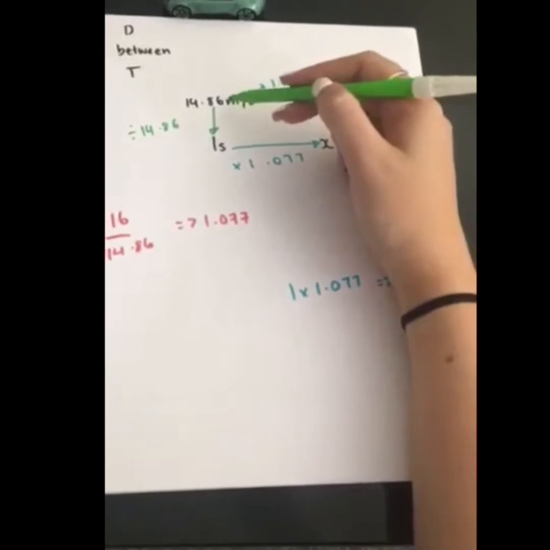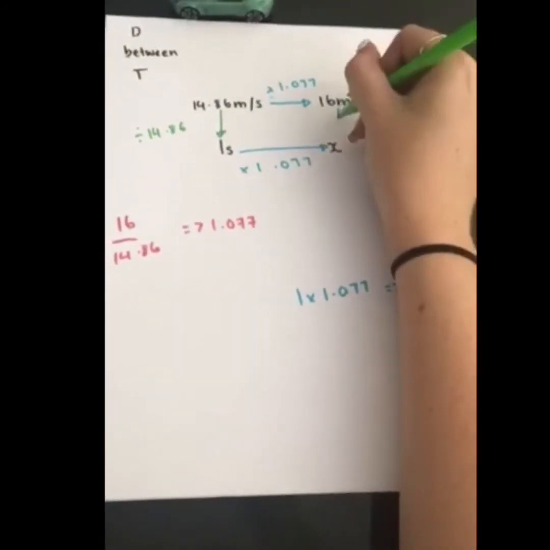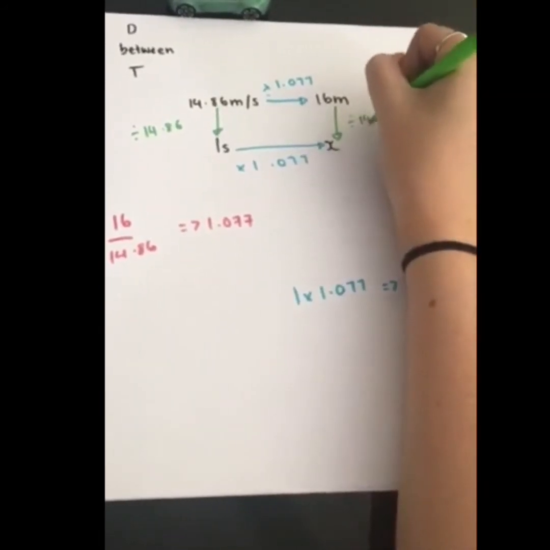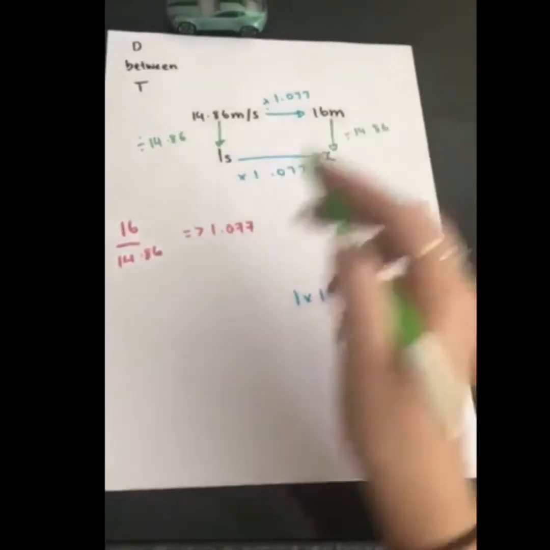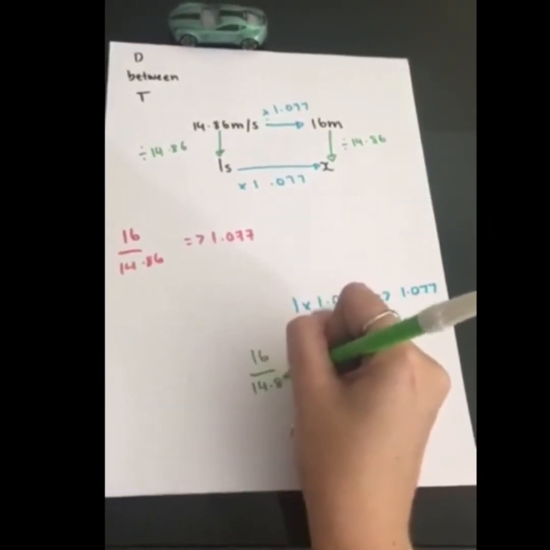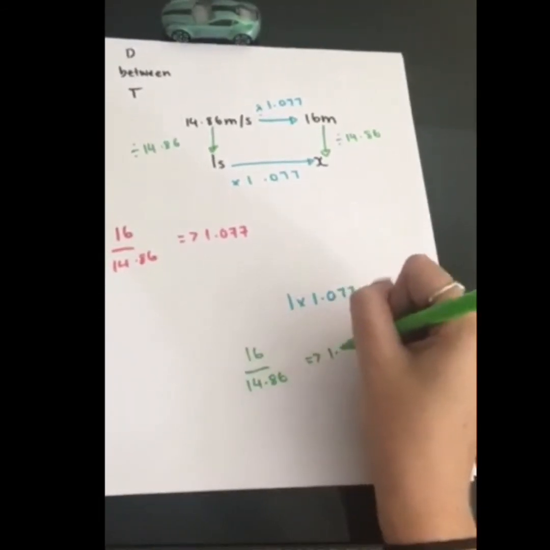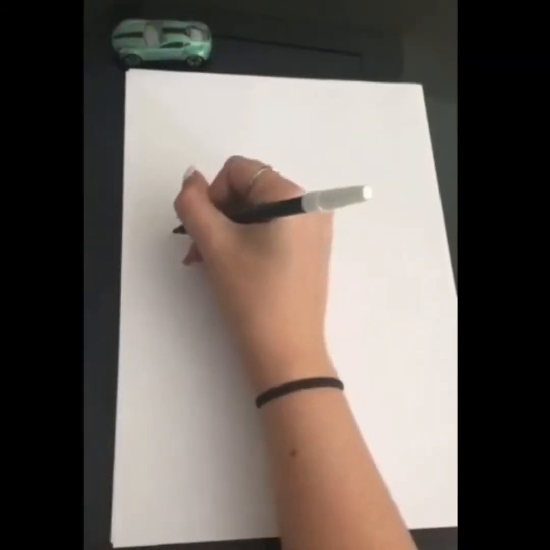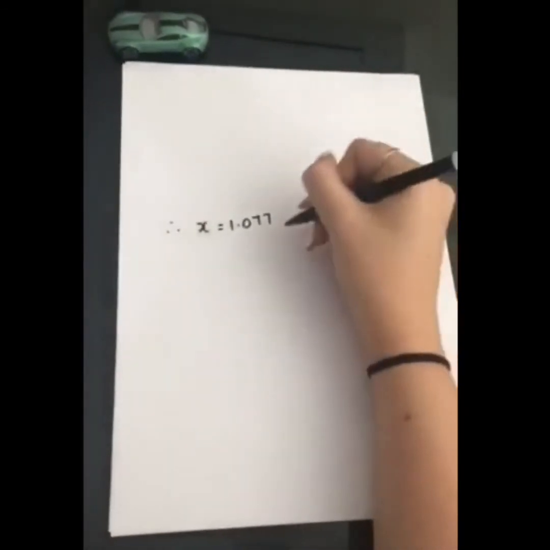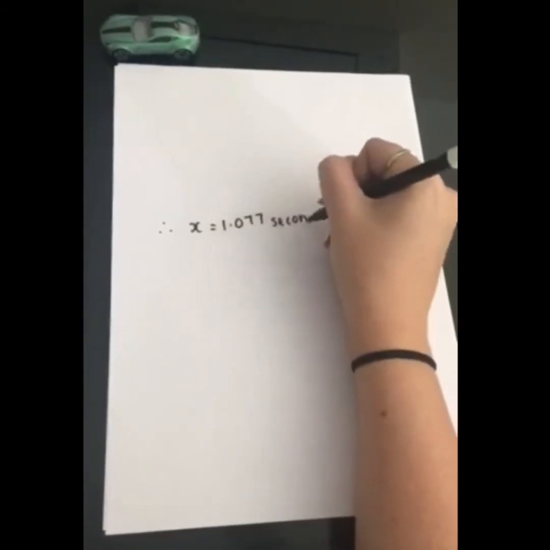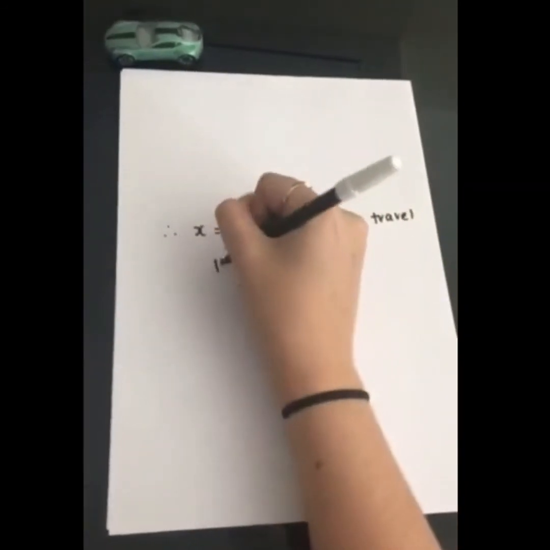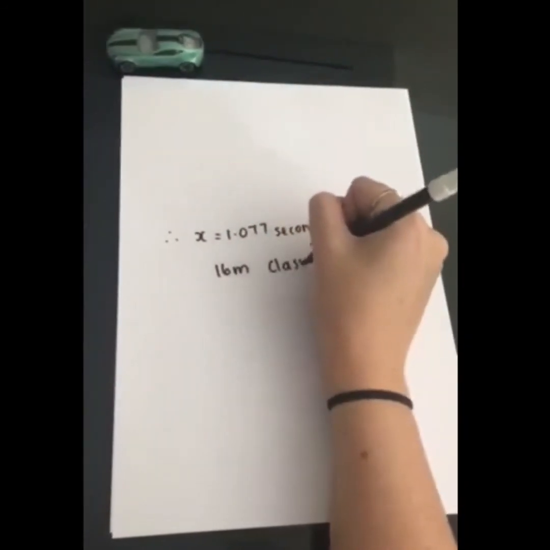Working between our ratios, we've worked out to get from our goal to our unknown, we need to divide by 14.86. Same thing we've done over here. 16 divided by 14.86 will give us 1.077. Therefore, we can conclude that our x value, being 1.077, is the amount of seconds it takes to travel in our 16-meter classroom.